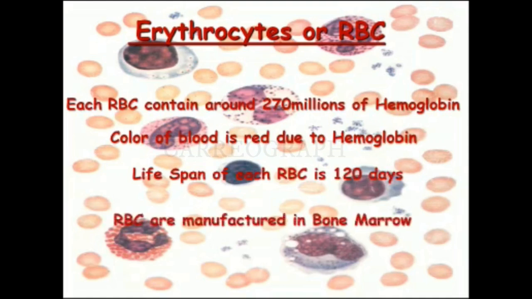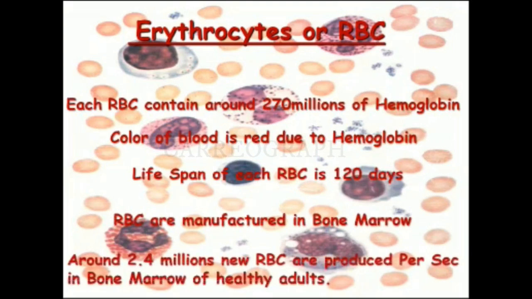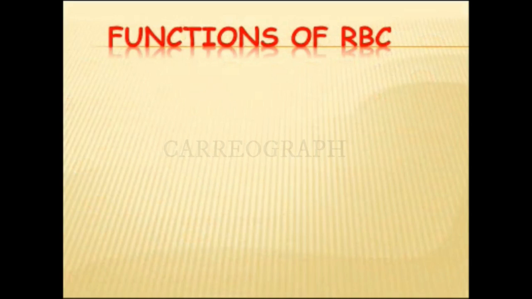RBCs are manufactured in the bone marrow, which is present in the long bones. Around 2.4 million new RBCs are produced per second in the bone marrow of a healthy adult. So we have seen the RBC as well as these erythrocytes. Now we will see the function of RBC.